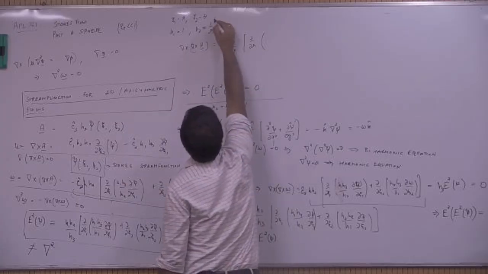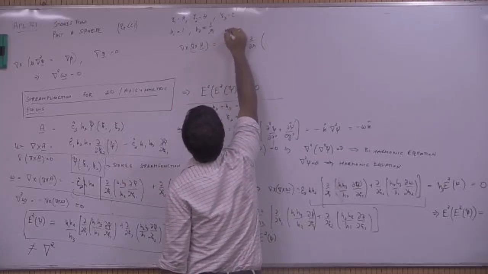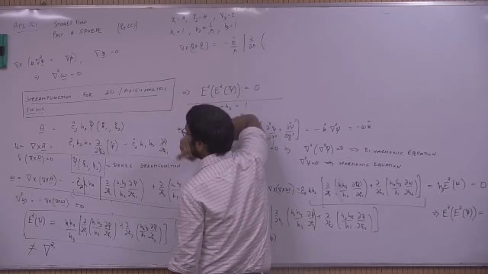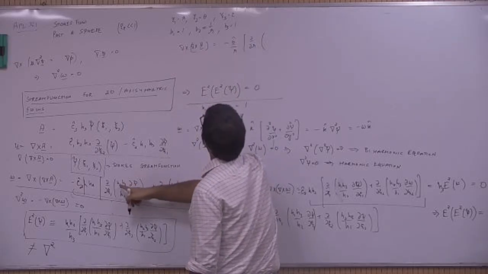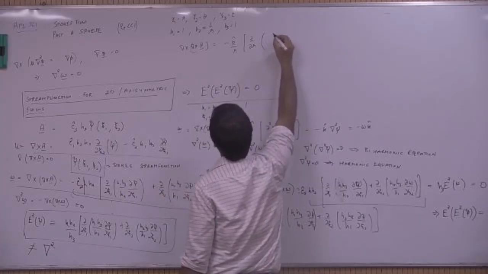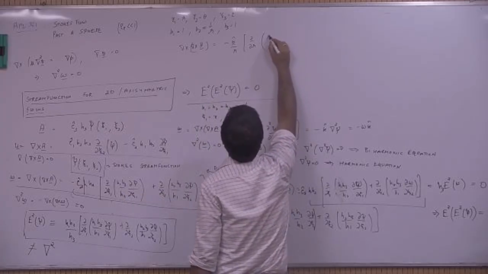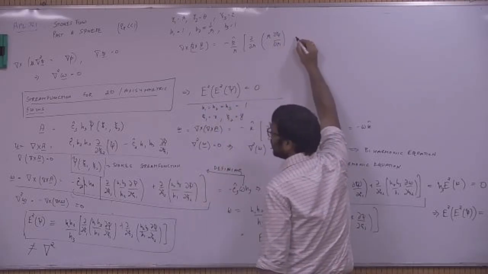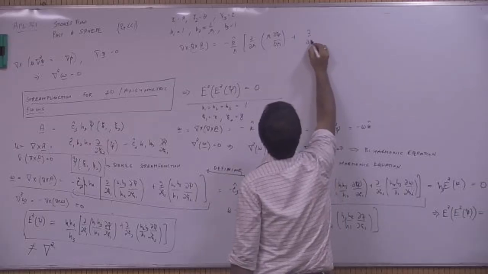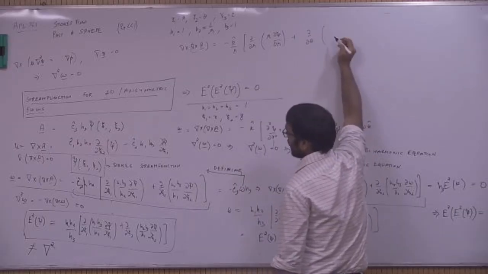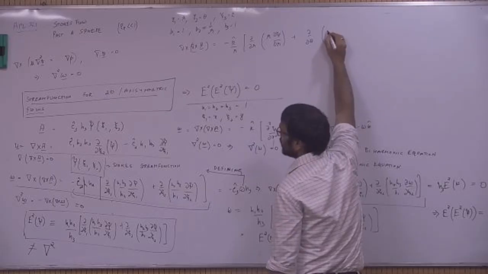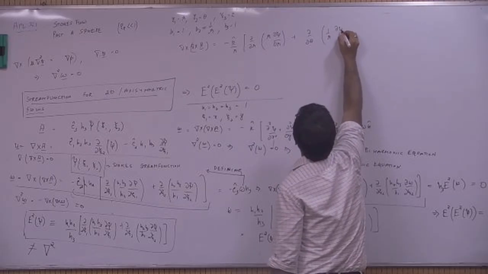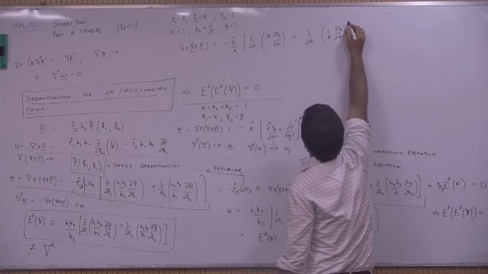So, in cylindrical coordinates this is z, so h3 will also be 1. So, h3 is 1, h1 is 1, h2 is 1 by r. So, this is del by del r, r del psi over del r plus del by del theta, 1 by r del psi by del theta.